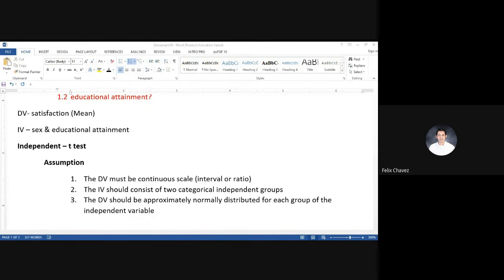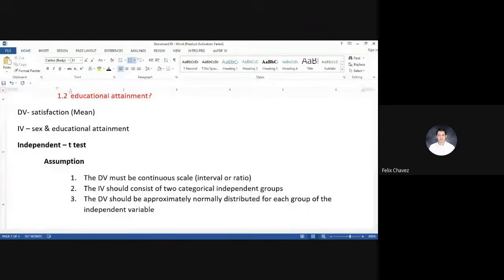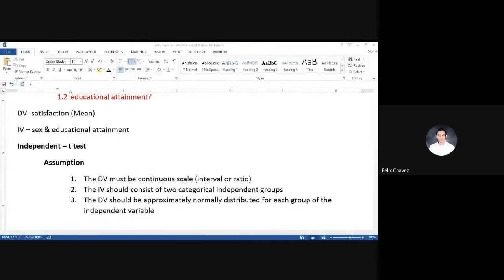And if our participants or the sample size is big, we can remove outliers. But if the sample size is small, it's very difficult to remove an outlier because it will affect the results. There could be a certain effect because we have smaller data. So aside from outliers, the DV, the dependent variable, should be approximately normally distributed for each group of the independent variable.